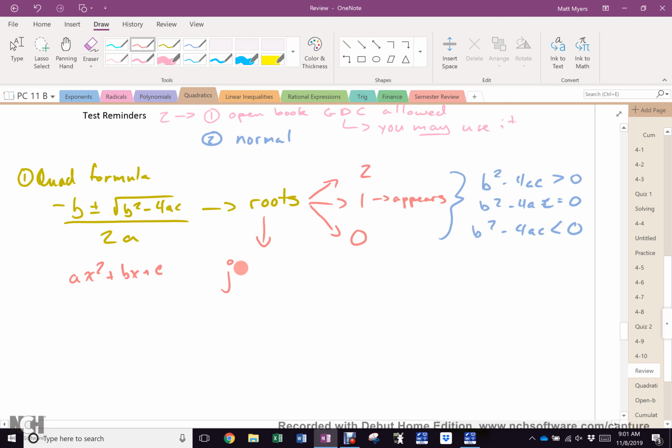J. J plus or minus K root L. It's either that, which is an exact answer, or I run that through my calculator to get decimals.